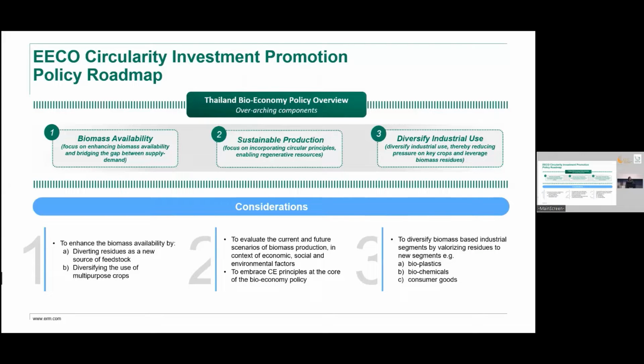So rather than focusing on the primary crops, focus on bringing new industrial use, new crops, and the residues of the crops into use for industrial products, consumer goods, bioplastics, and many more. So this is an overarching view of the new bioeconomy policy roadmap that we are proposing to promote and support the bio-based industries and promote circularity across the country.